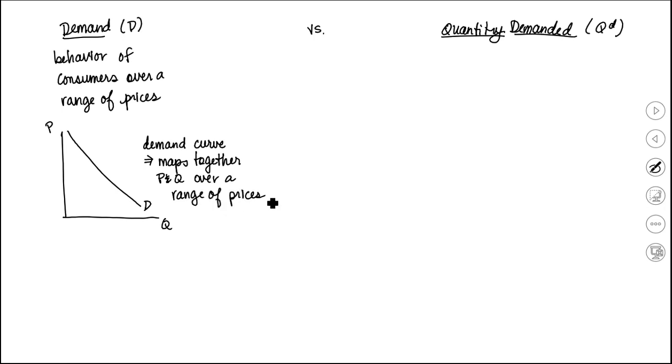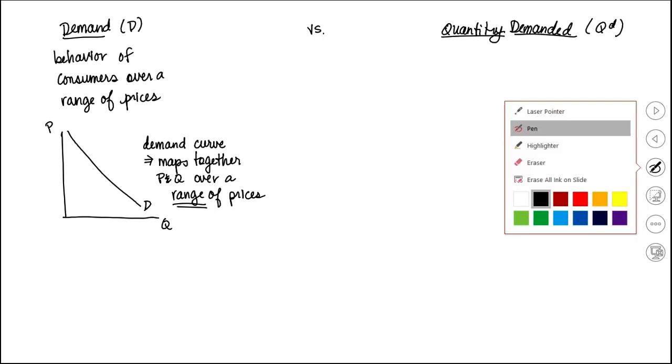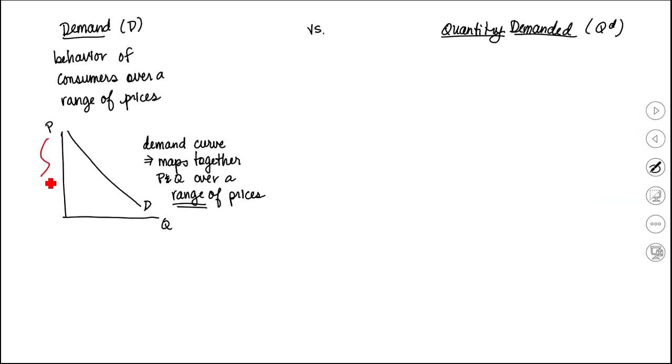So the emphasis, again, is on the range of prices. And we see that range of prices right here. So that's why it's kind of an if-then statement.